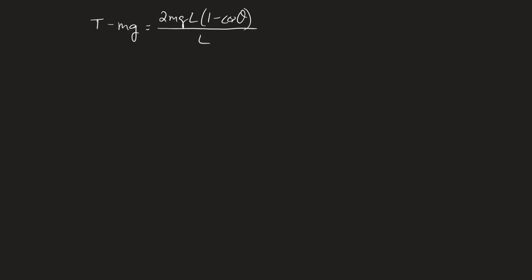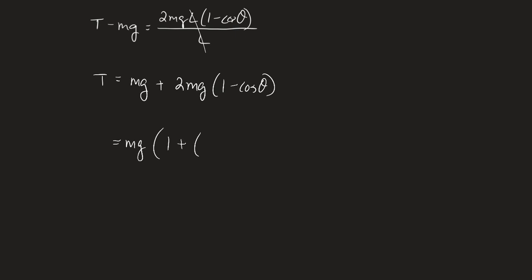If you are interested in doing the math, I would recommend cleaning it up a little bit, at least cancel the L's. And I like to factor out the mg, because then you get 1 plus 2 minus 2 cosine theta.